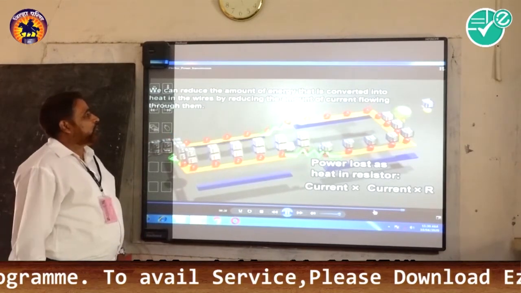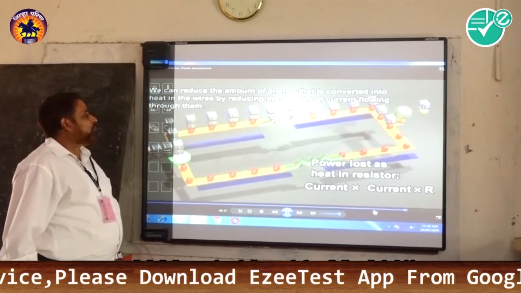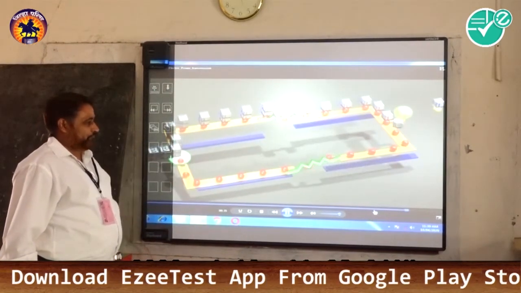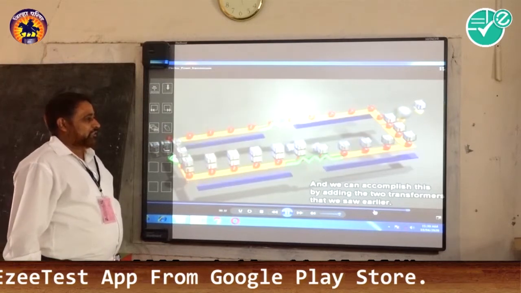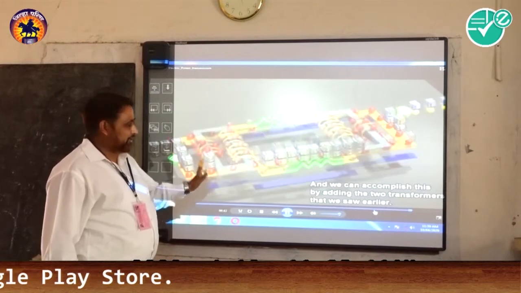And we can reduce the amount of energy that is converted into heat in the wires by reducing the amount of current flowing through them. And we can accomplish this by adding the two transformers that we saw earlier.